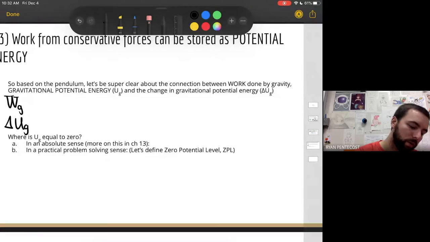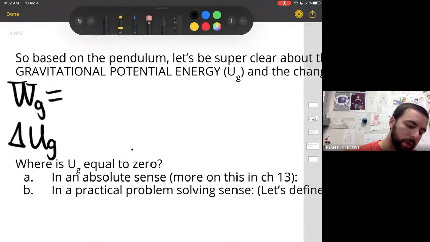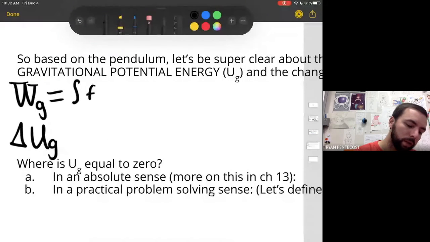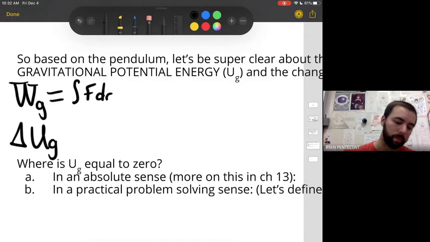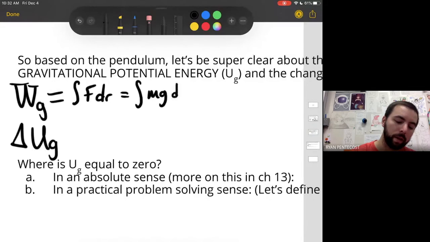So let's do some math here. Work done by gravity. Okay, work done by anything is the integral of the force along some displacement, right? Well, let's say that's really the integral of our force of gravity, mg, and mg only travels in one direction, that is dy.